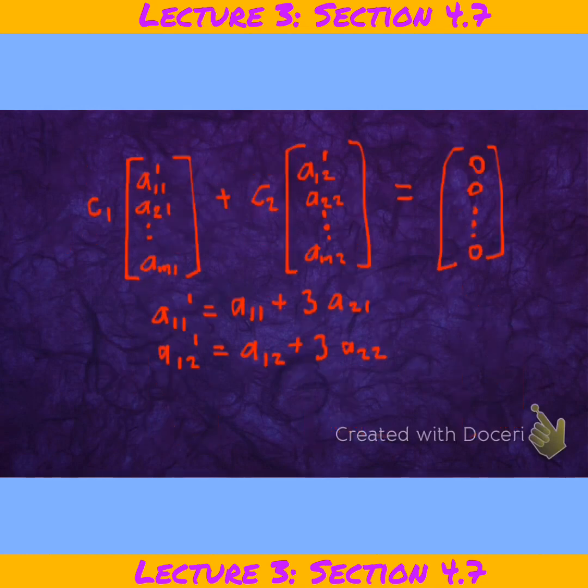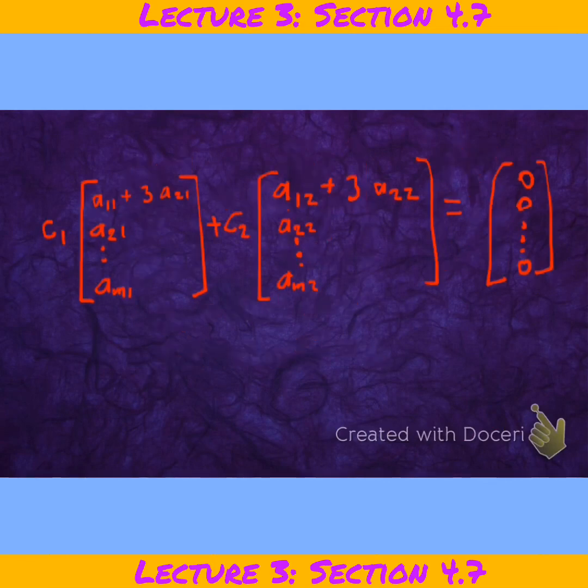Recall that A11 prime is the entry in the first row and first column, plus 3 times the entry in the second row and first column. And A12 prime is the entry in the first row and the second column plus 3 times the entry in the second row and the second column.